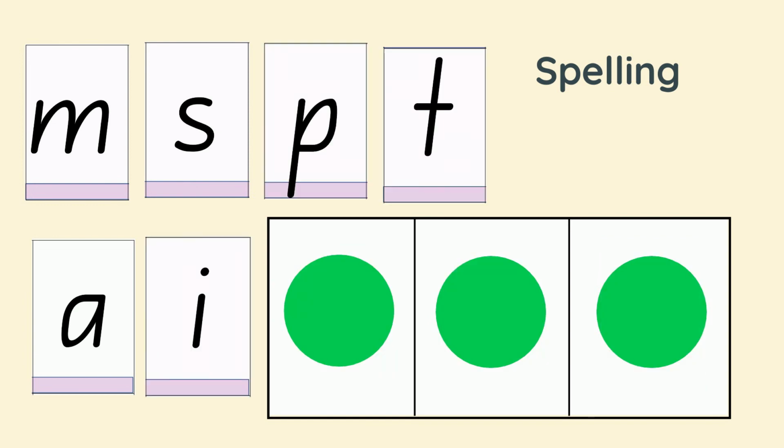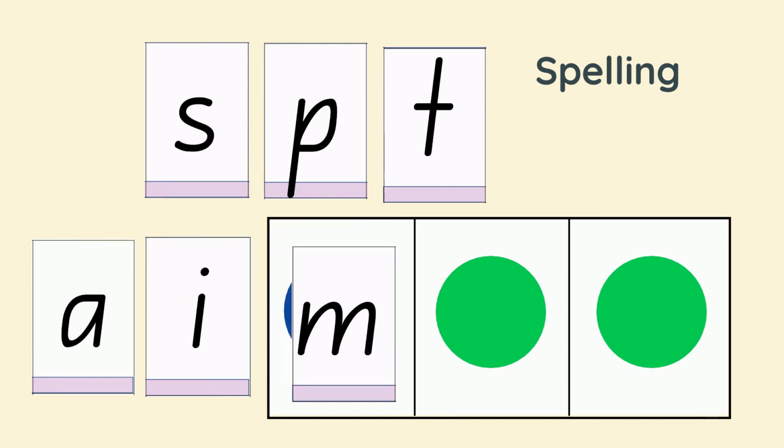This time we will spell the word mat. Say mat. Sound it. M, a, t. So the first sound is m. Which letter represents the sound m? The letter M. A. A is next.